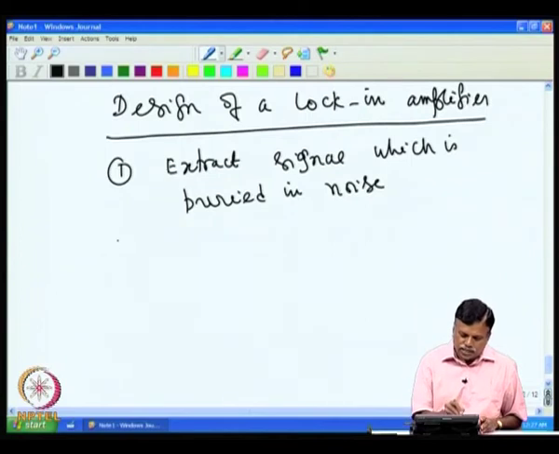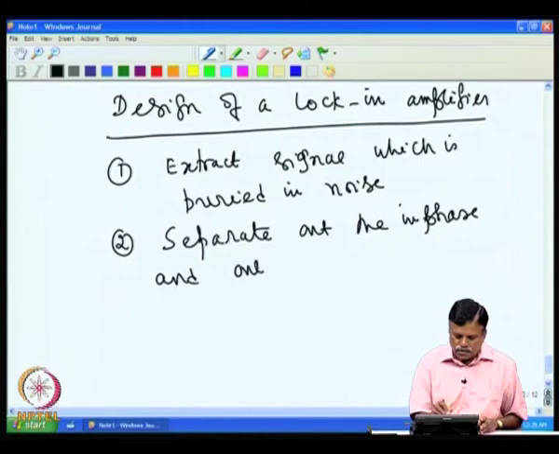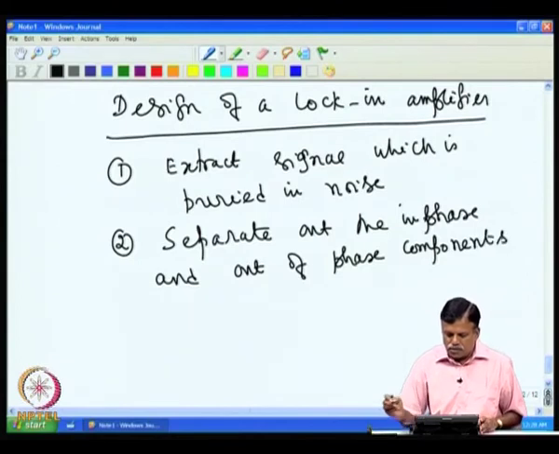Then the second is to separate out the in phase and out of phase components.